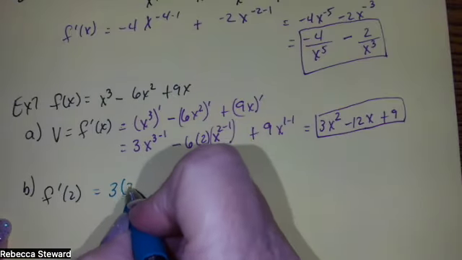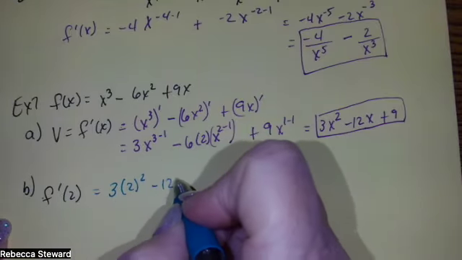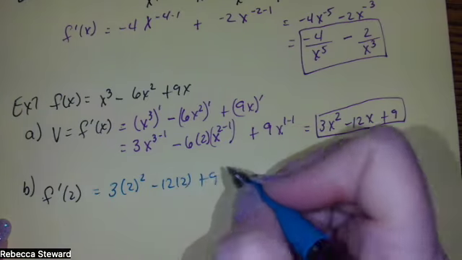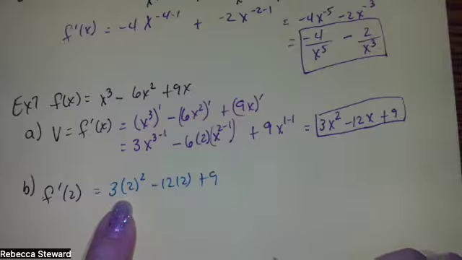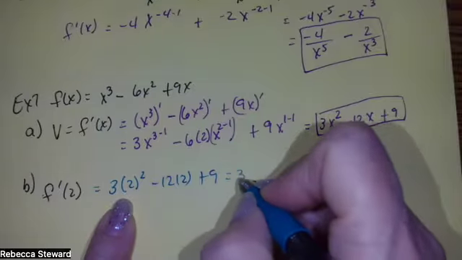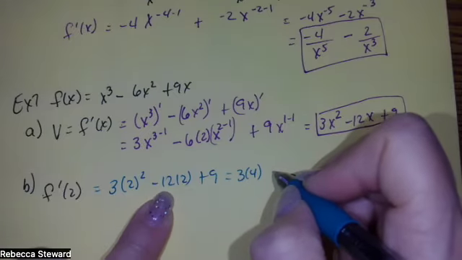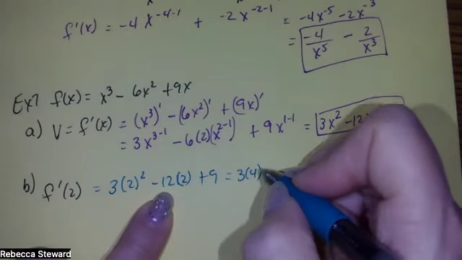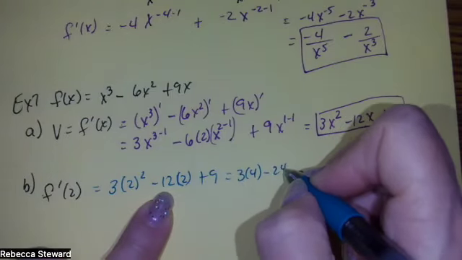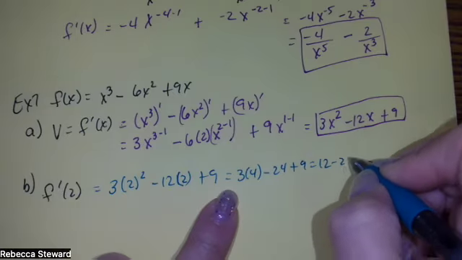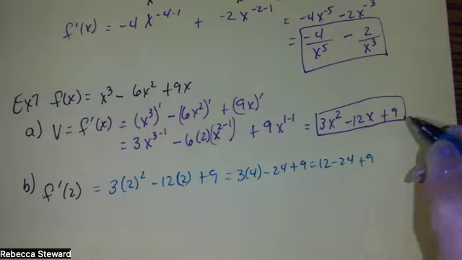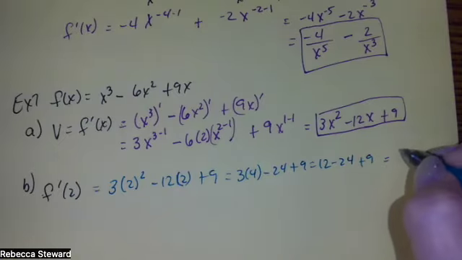So I'll have 3 times 2 squared minus 12 times 2 plus 9. Now you can work this out, or you can put this in the calculator. This would get us 3 times 4, 12 times 2 would get us a negative 24, plus 9. So that's 12 minus 24 plus 9, which will get us a negative 3.